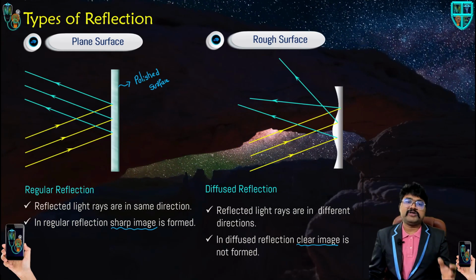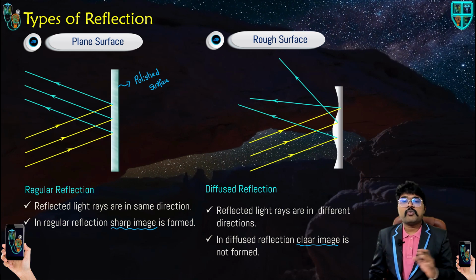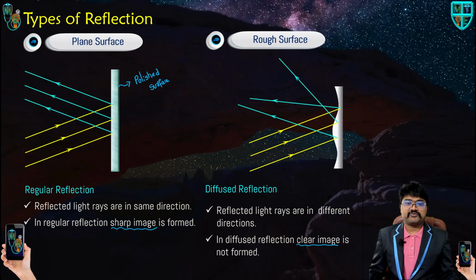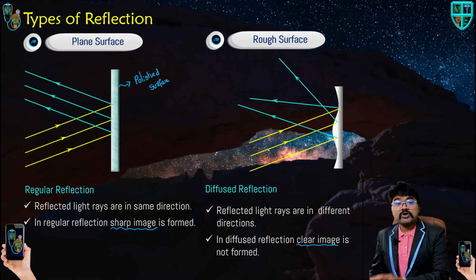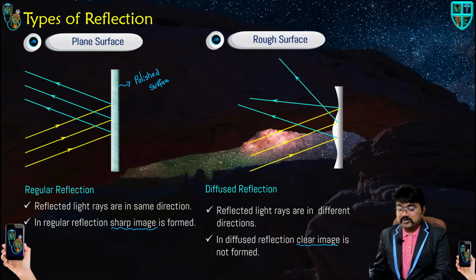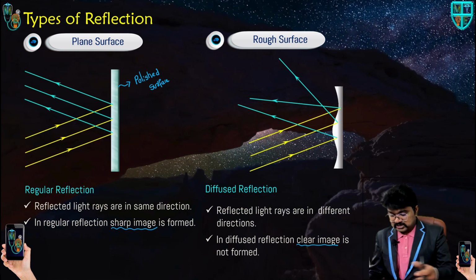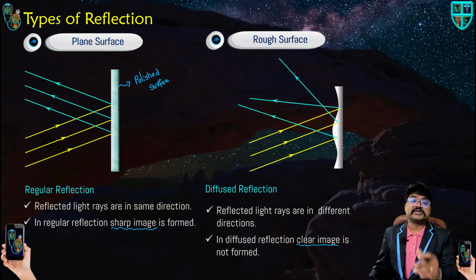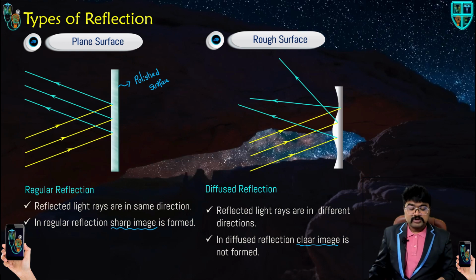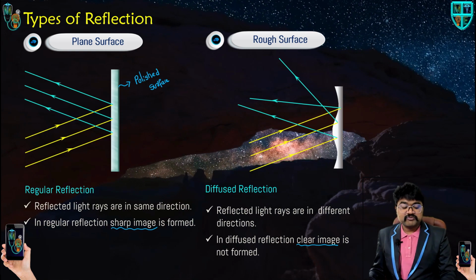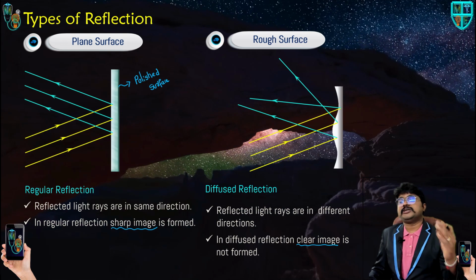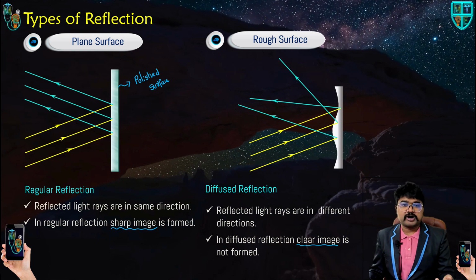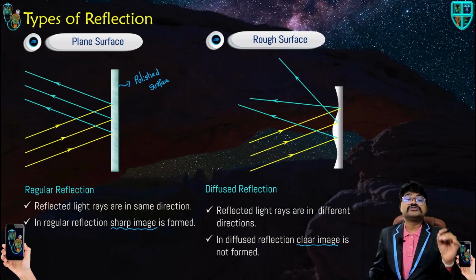I repeat, we have two types of reflection: regular reflection and diffused reflection. In regular reflection, all reflected rays travel in the same direction. But in diffused reflection, reflected rays are not in the same direction and a clear image is not formed.